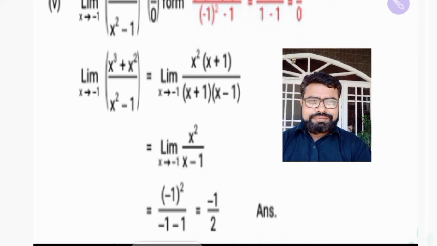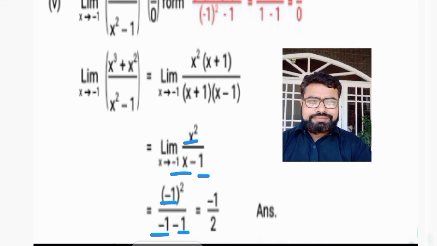Again I will tell you that it is not our requirement to apply the theorem of limit, so we will not apply the theorem of limit. But if you want to apply, it is good. As the value of x is minus 1, we will write minus 1 here, and there is x square, so we will write minus 1 square. Value of x is minus 1, so we will write minus 1, and minus 1 will be written same.